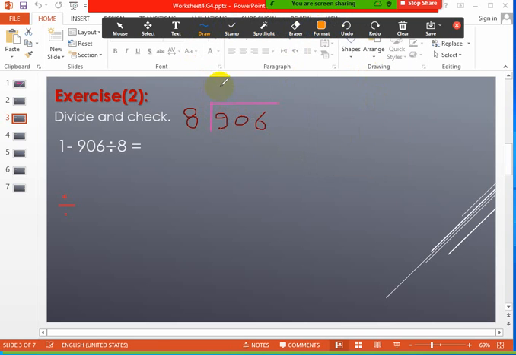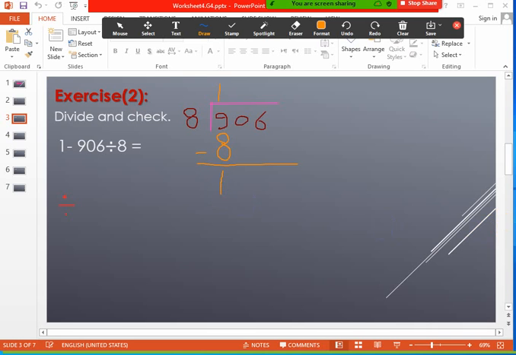Just 1. Very good. So the answer is 1. Now, 1 multiply 8 equals what? Very good. I will put the 8 here and then I have to subtract. So 9 minus 8 equals 1. Very good. Thank you, Kayan.